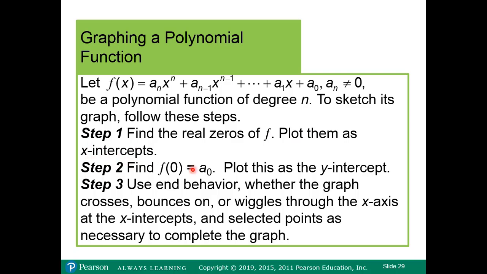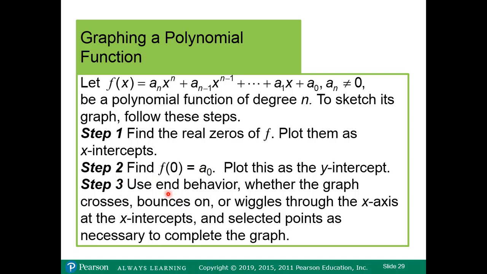Plot them as x-intercepts on the x-axis. Then step 2, find the y-intercept by setting x equal to 0, and that's always going to be the constant term. If x is 0, all of the other terms vanish except the constant term. So the y-intercept is always going to be the constant term, so it'll be 0 comma a sub 0.